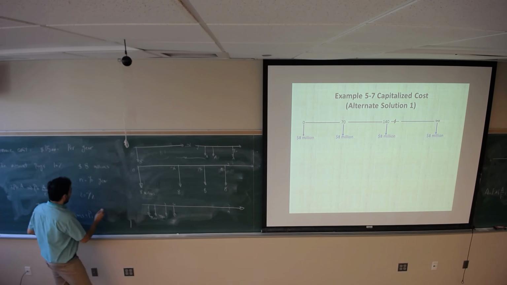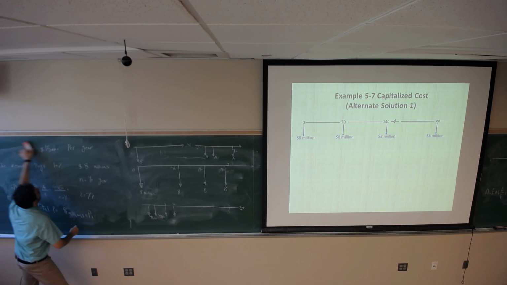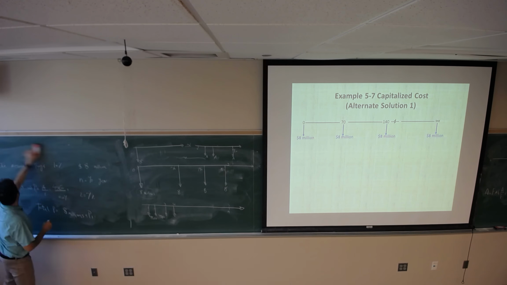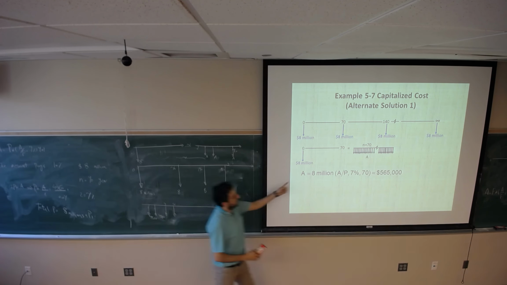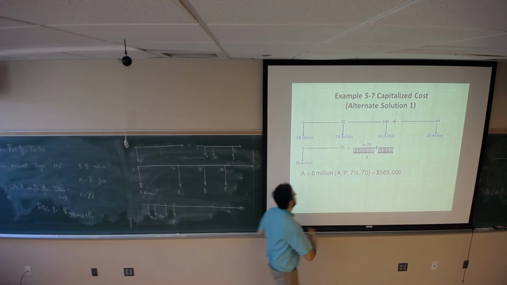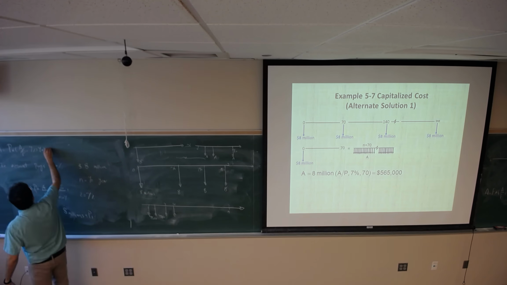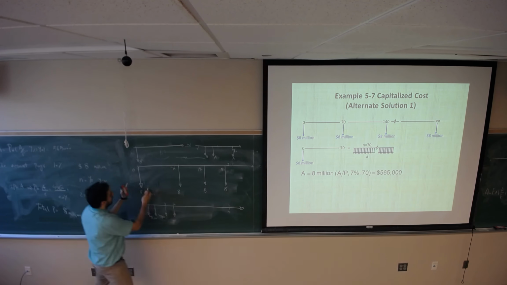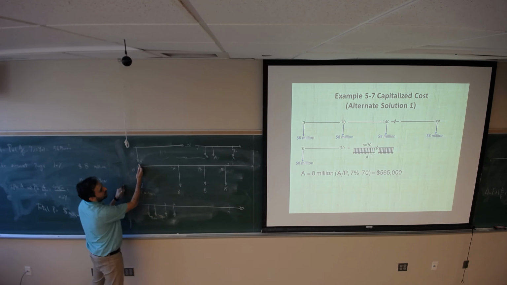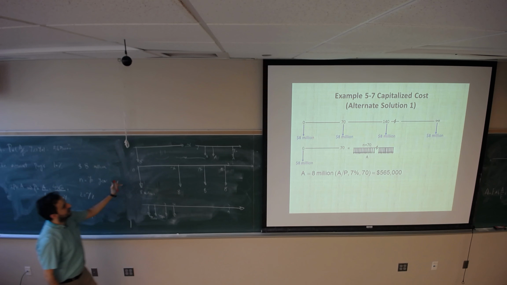To find A when P is given, A over P, i is 7%, N is 70. A over P, 7%, 70 years, 565,000. So this is equivalent to 565,000 over the next 70 years.